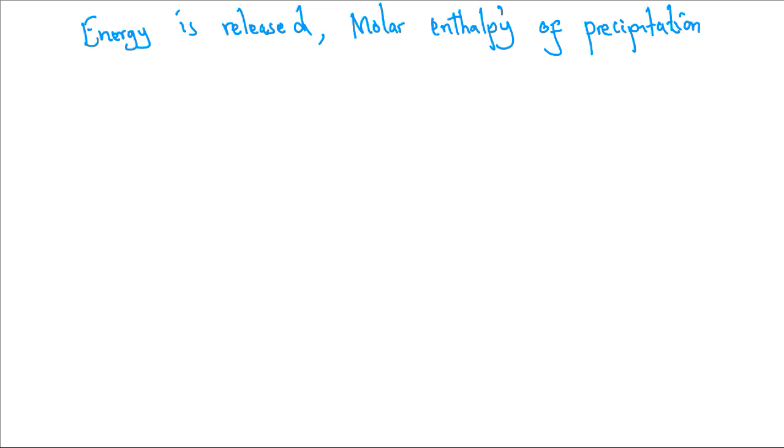Since energy is released during the process, the molar enthalpy of precipitation of silver chloride is therefore negative 58.8 kilojoule per mole. Let us look at the thermochemical equation.